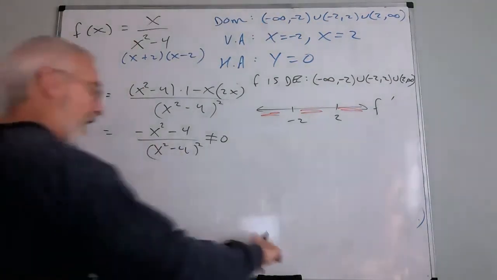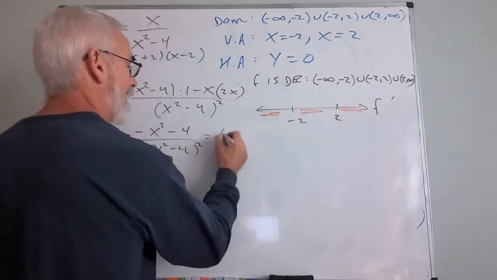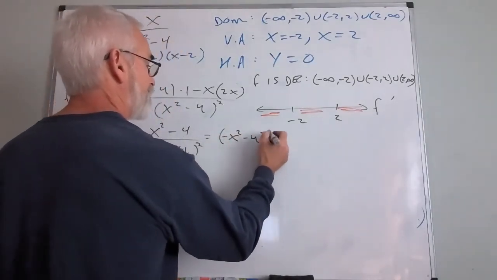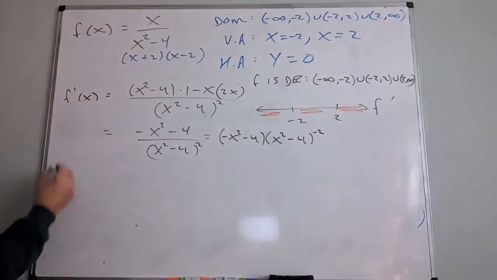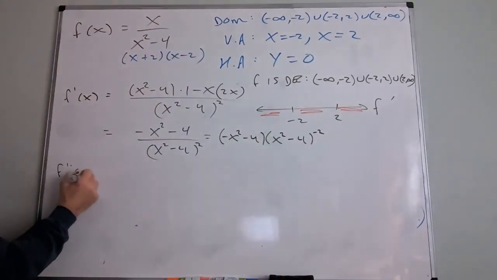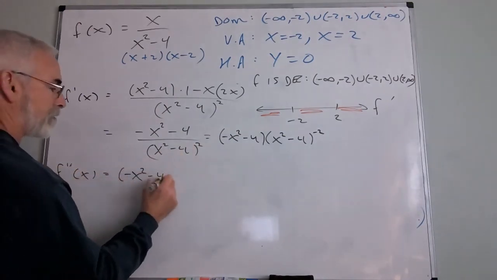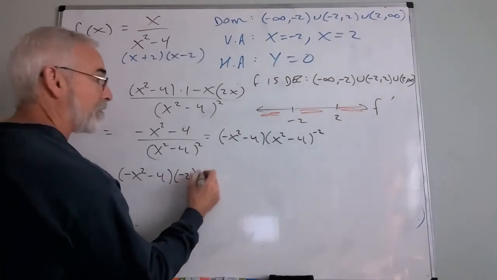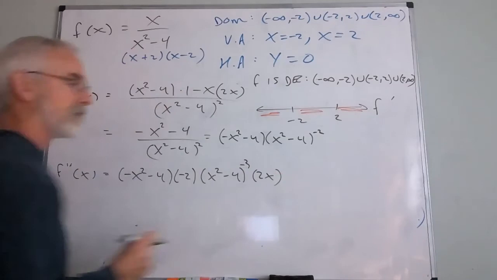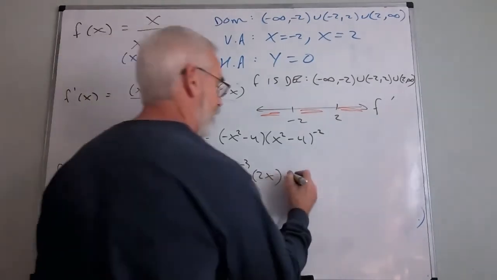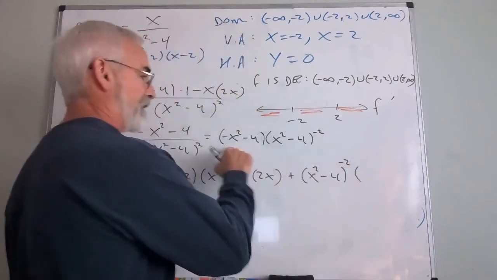So at this point, I'm going to write it as a product because my denominator is being raised to a power. It will actually be easier if I do it like this and use product rule. First times derivative of the second plus the second times the derivative of the first.